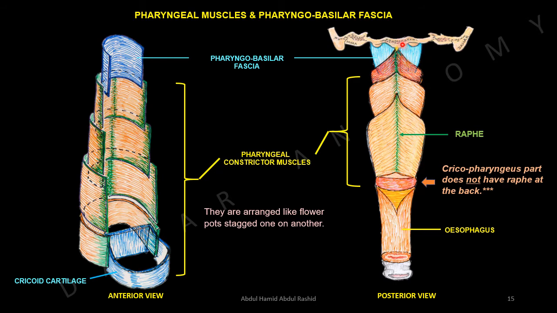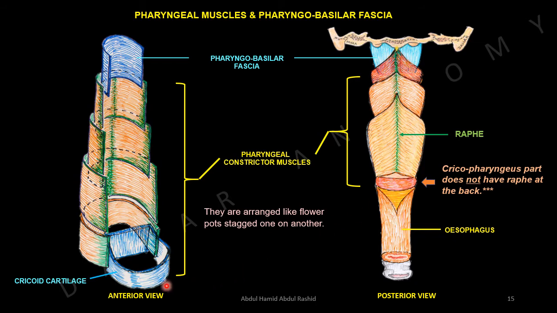Between the base and the superior constrictor is the gap which is filled by pharyngobasilar fascia. Throughout, if you see all these three parts, at the back we have the posterior median raphe. So fibers from the right side and left side will meet here. However, if we come down to the cricopharyngeal part of the inferior constrictor, there is no raphe.